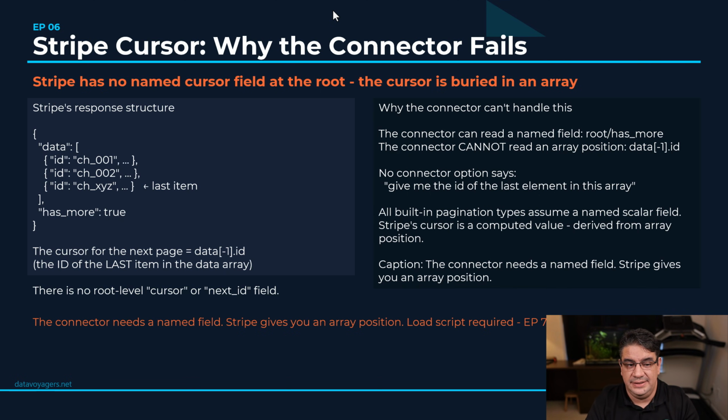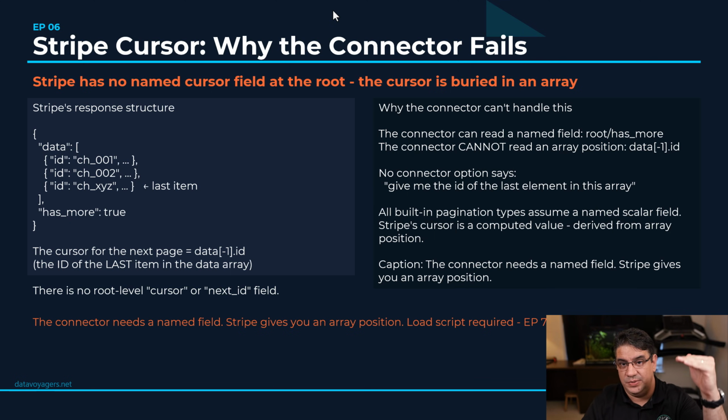That one is based on the last record you have in the current page. So Qlik does not support that. Then you have to use the load script. That's the one that you're going to see on episode 7. Those paginations are the most complex ones. It's like OAuth pagination, right?